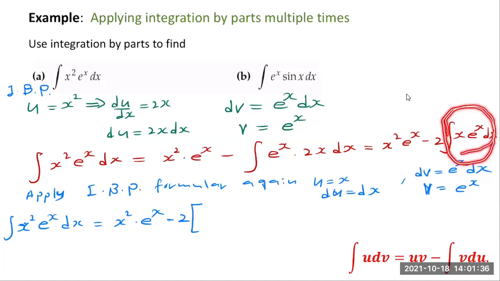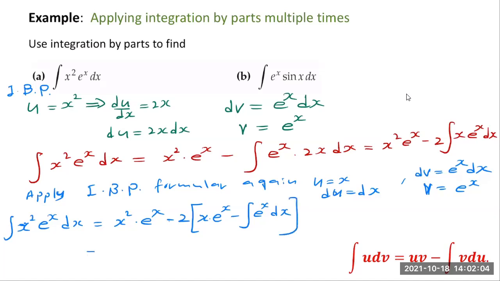For this one, again, I'm going to apply the formula, that is uv minus integral v du. In this case, uv is x times e to the power x minus integration v du, that is e to the power x, du is exactly dx in this case. That's what you get.